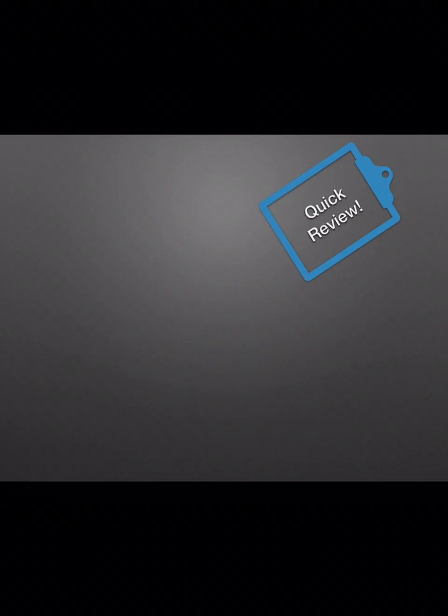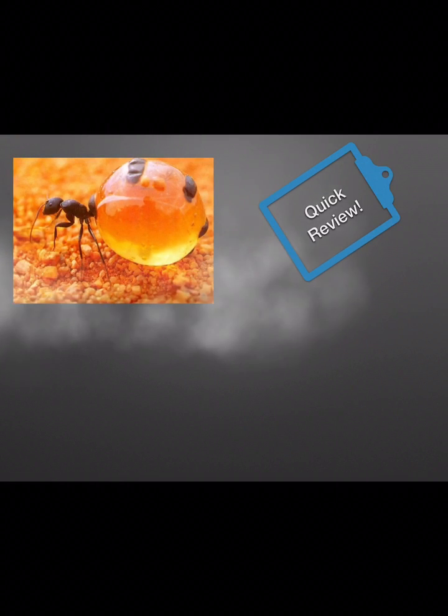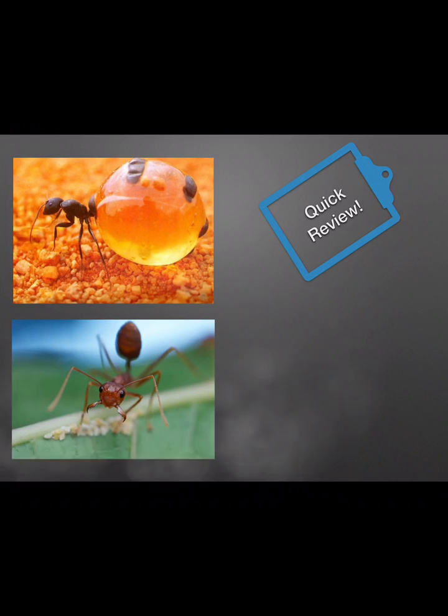Okay, so here is a quick review over the different ants we went over today. We have honeypot ants, which are a delicacy in many countries because they're sweet because of that nectar that they eat and fill up with, that they use to feed the rest of the colony throughout colder periods of time.